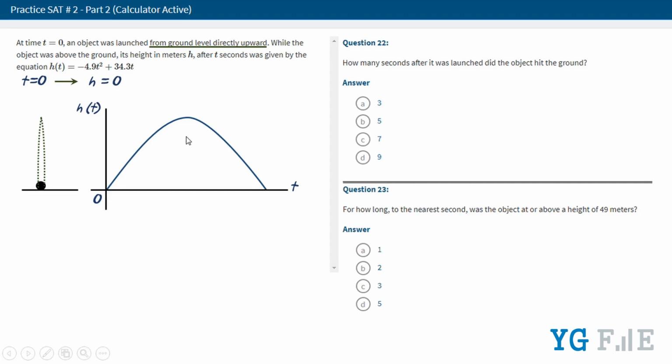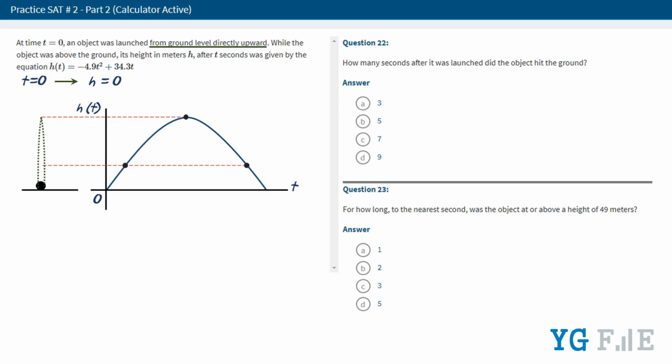And this vertex actually corresponds to this point. This point is the maximum height of the object, and for any other height below the maximum height, we will have two times, or the object will reach the same height at two times.